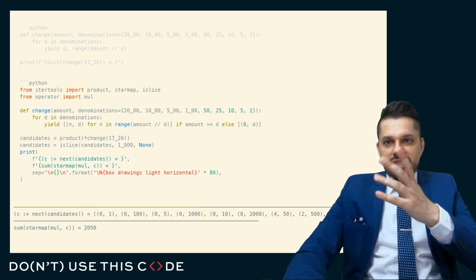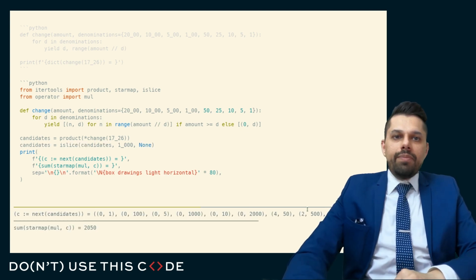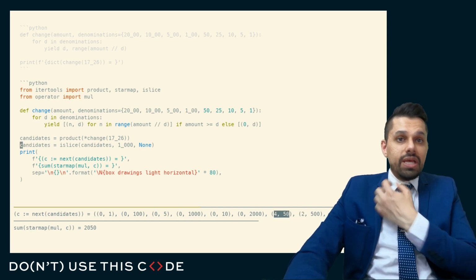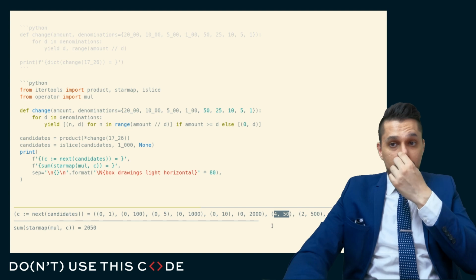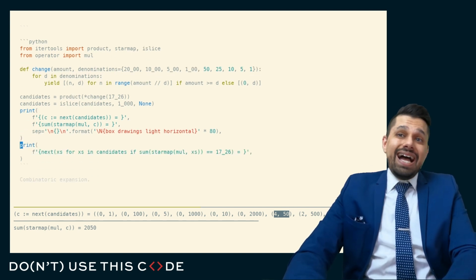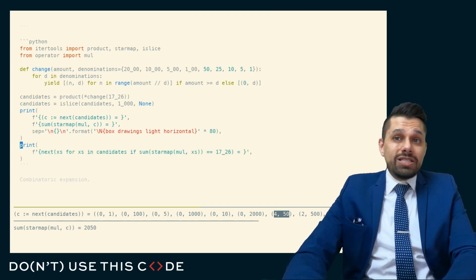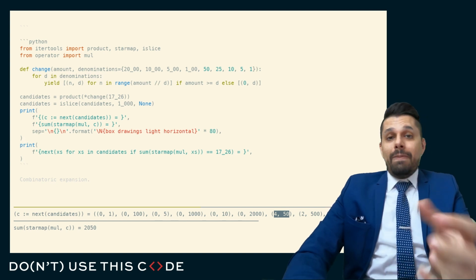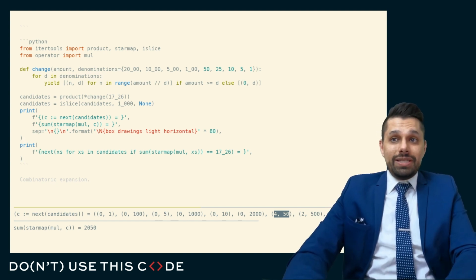So I'll skip ahead. And here you can see here's another candidate where I give them 2 $5 bills and 2 50-cent pieces and 34 quarters. And it gives me $20.50. And what you could think is I could just look for the next possible solution where it matches up to $17.26.